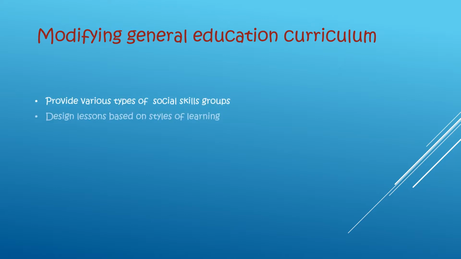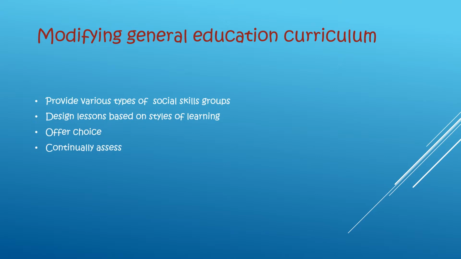So how do we modify a general curriculum? Well, we can start with various types of social groups, or design lesson plans on a variety of learning styles. Give students the choice of how they want to learn and what format they want to learn in.